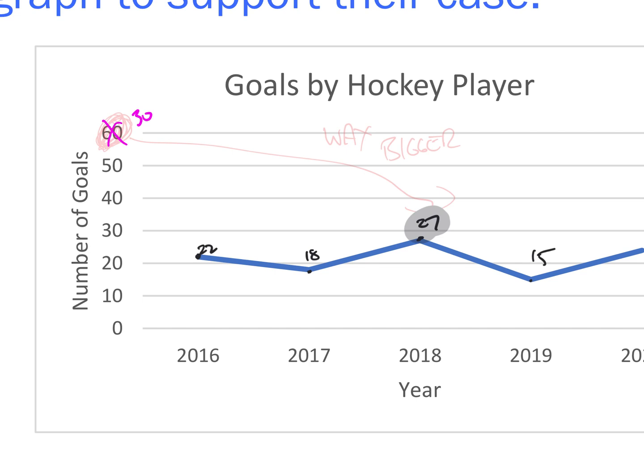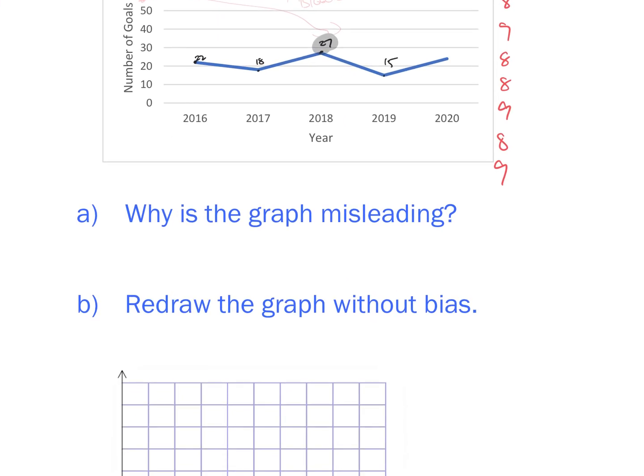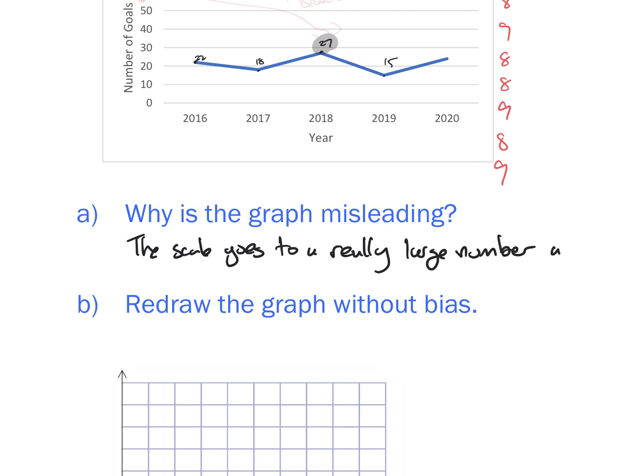Okay, so the graph is misleading because the scale goes to a really large number, and the last graph exaggerated the difference between the numbers.